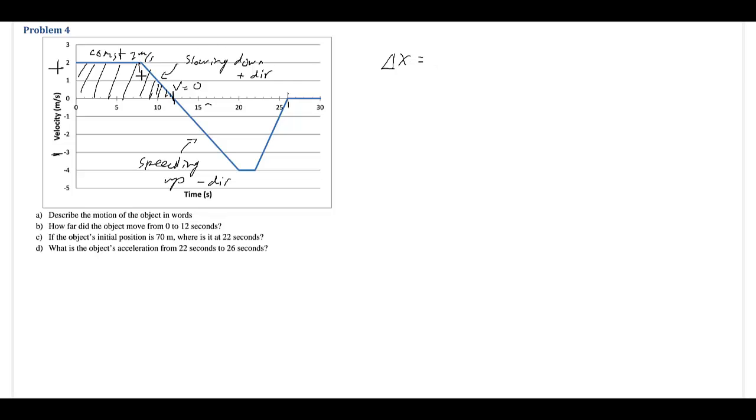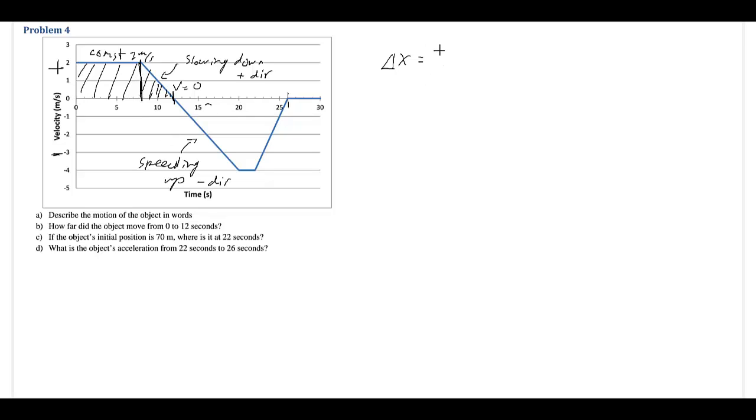The easiest thing to do here would be to split up the two shapes, so you've got one triangle and one rectangle, and add the two displacements together. So for the rectangle, our area is going to be 2 high times 8, right?